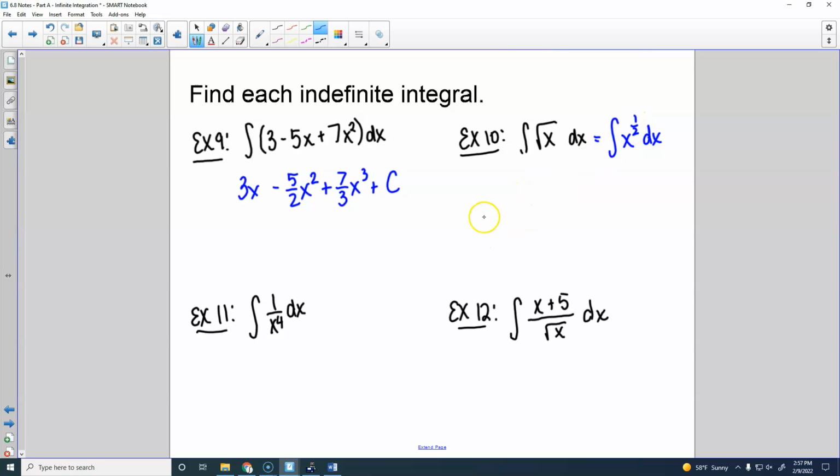What do we do first to our exponent? And that'll give us 3 over 2. Then I have to divide out front by that 3 over 2. Right? So dividing fractions is easy as pie. Flip the second and multiply. So I got 1 times 2 over 3. So it just ends up being 2/3 x to the 3/2 plus c.